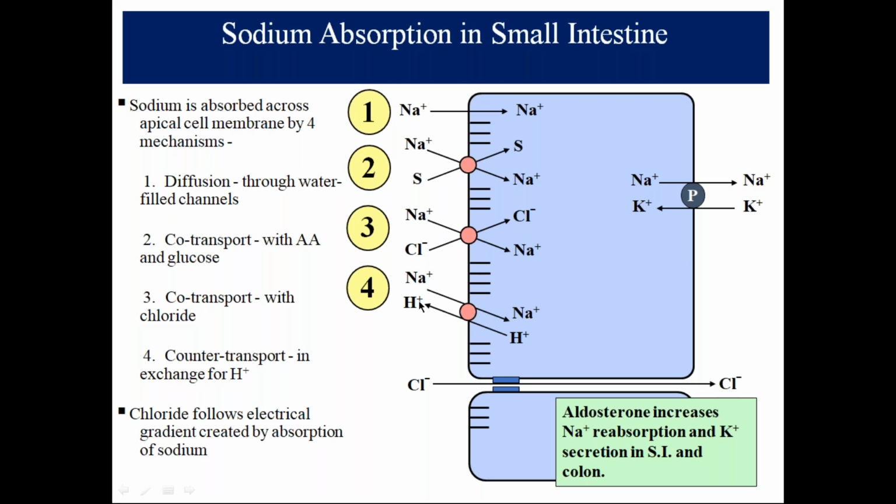Again, this I described when I was telling you about the pancreatic juice secretion, and then you have counter transport which is in exchange for the hydrogen ion. So chloride follows the electrical gradient, and once the sodium and chloride are moving in, they will tend to pull in the water also.